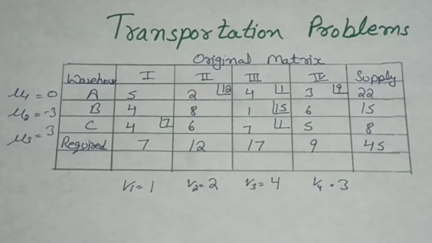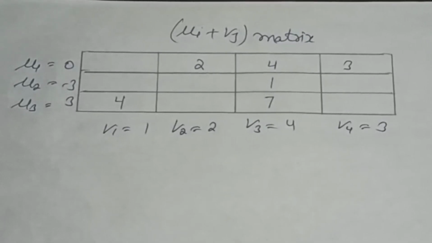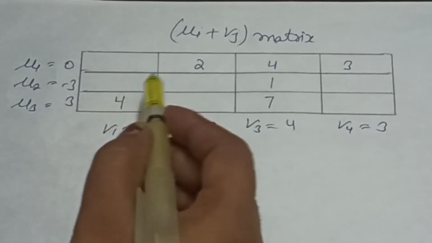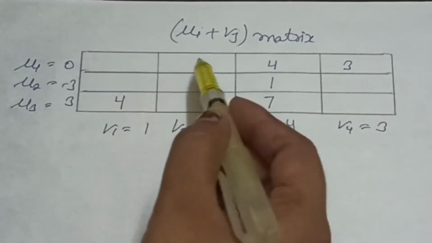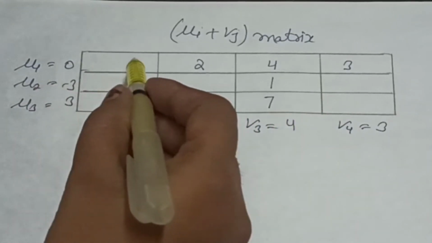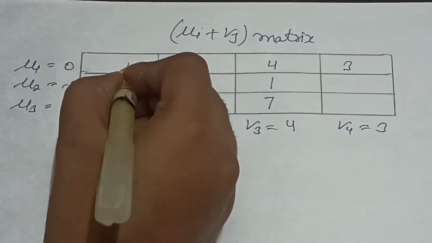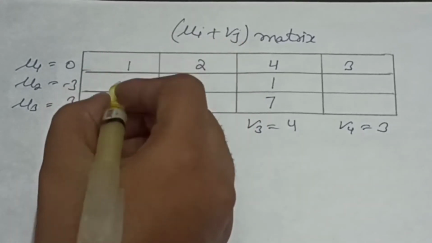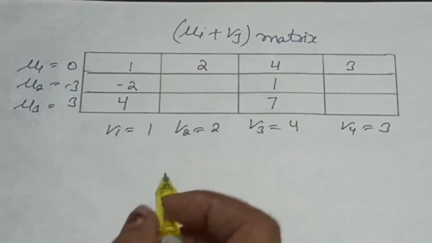Now we will make our ui plus vj matrix. Students, here we will calculate values for these blank cells, because the others are our allocated cells. Here we write 0 plus 1 is equal to 1. Minus 3 plus 1 is equal to minus 2.